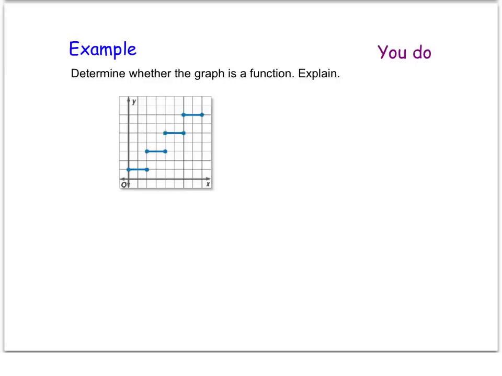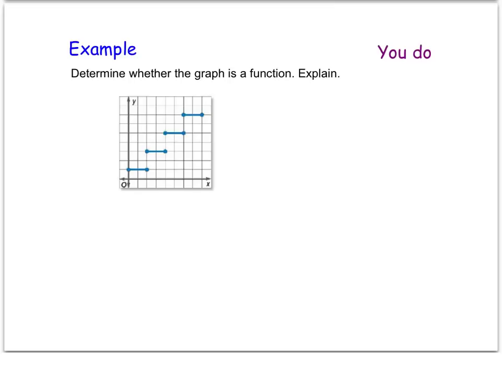Okay, so if we take our vertical line test and we look here, do you see right here that this point and this point are on the same line? Well, what about this point and this point when I do a vertical line, and also here at this point and this point? So this problem right here, this graph, is not a function.